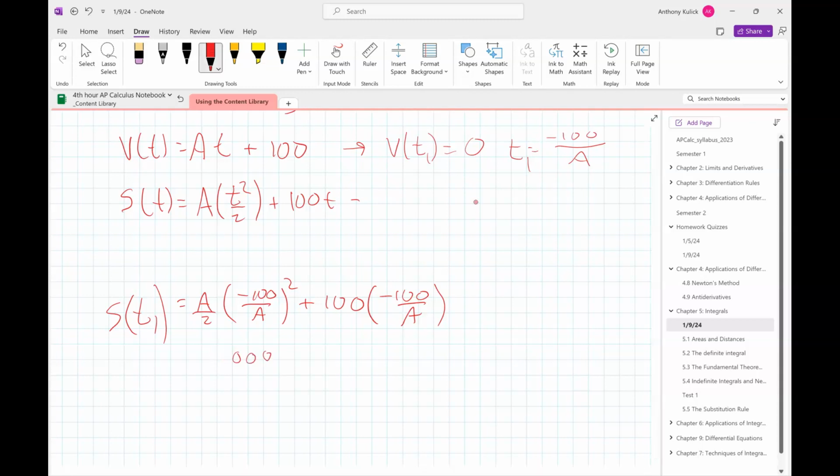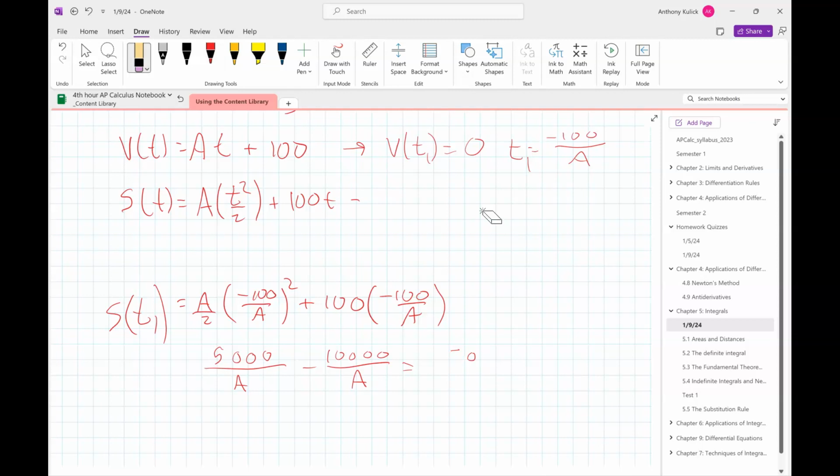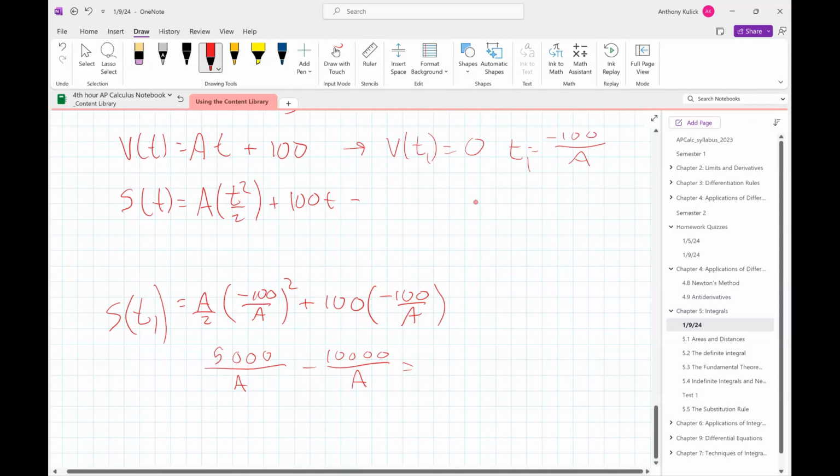Divide by 2 over A, and then minus 1, 2, 3, 4 over A. So if I do that, yeah, that's negative 5,000 over A.